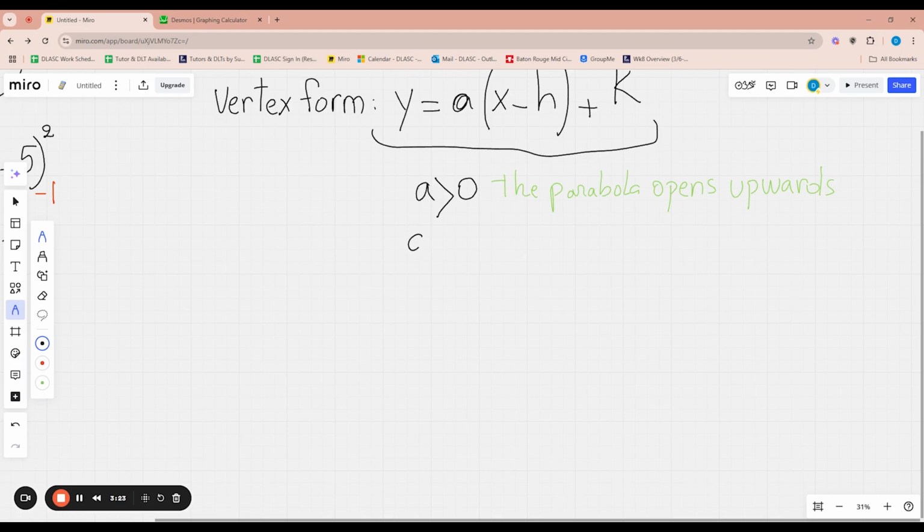But if a is negative, the parabola opens downward.